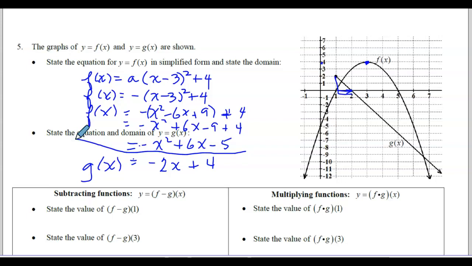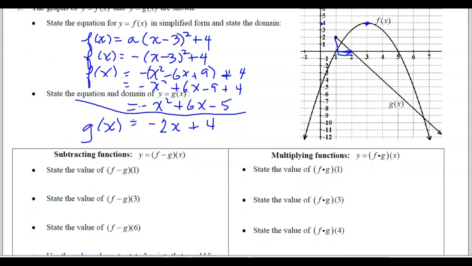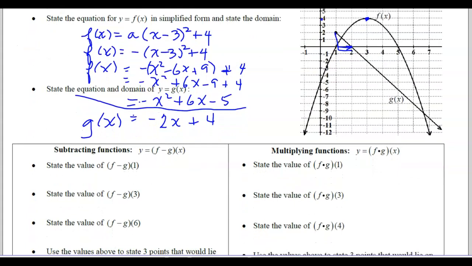All right, so state the values of f minus g of 1. So looking at this, let me just erase these markings here. So when x is 1, what is f? It's 0. Okay, when x is 1, what's g? 2. So 0 minus 2 is negative 2.